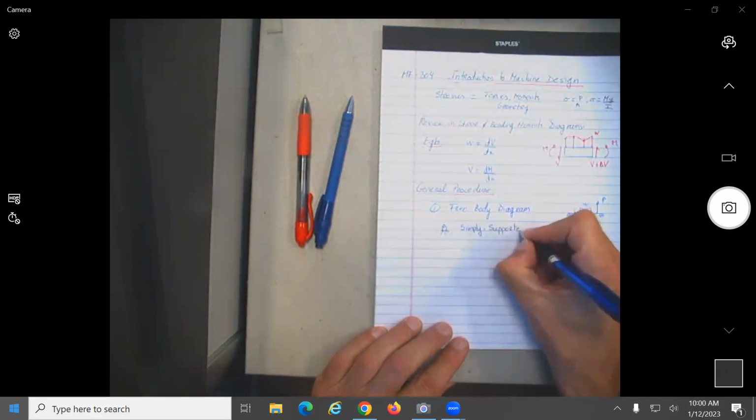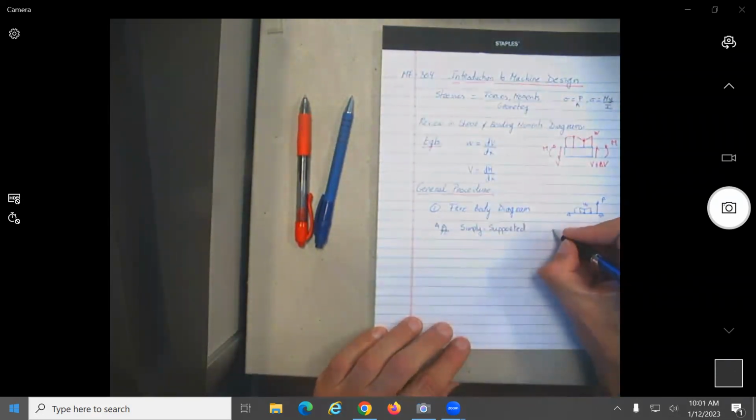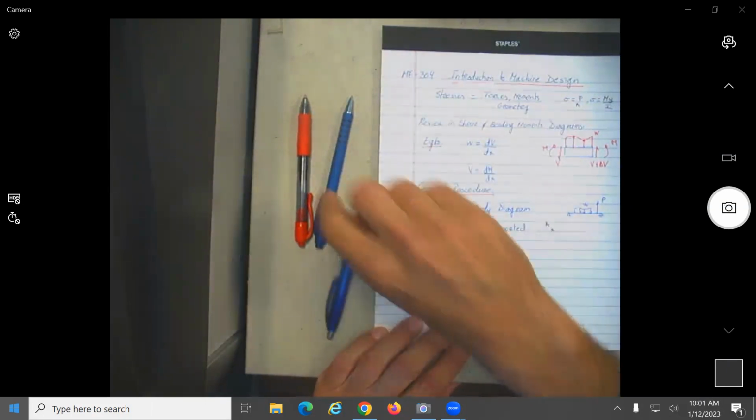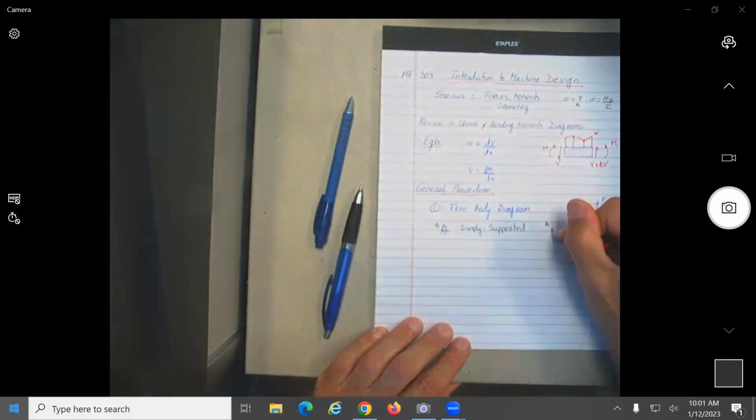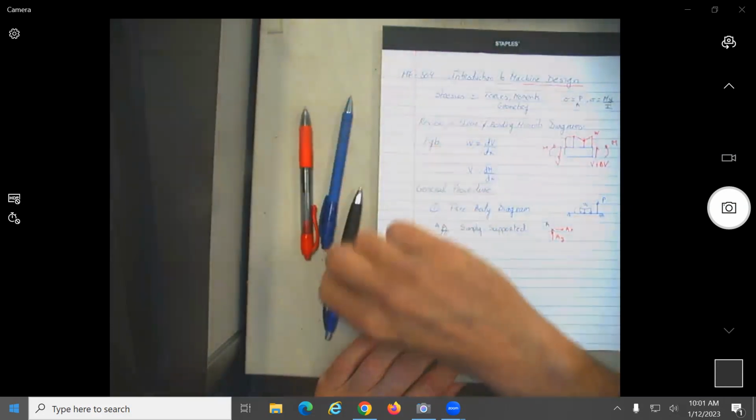Simply supported. So if you have simply supported, you can replace this boundary condition by what? Reaction in the X and Y. Perfect.